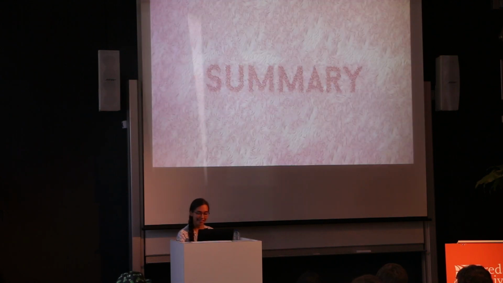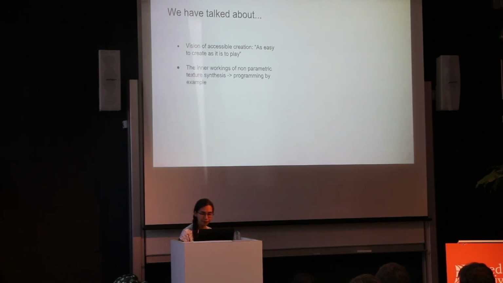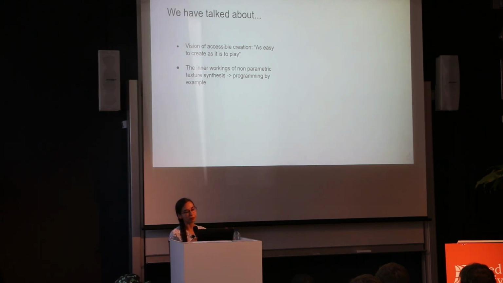To summarize, we have talked about the vision of accessible creation, and that one way to approach that is with example-based synthesis that allows anyone to describe their own generative possibility spaces. We talked about how texture synthesis works, where every pixel is programmed by your example, and by interacting with each other, pixels emerge to look similar to the example image.